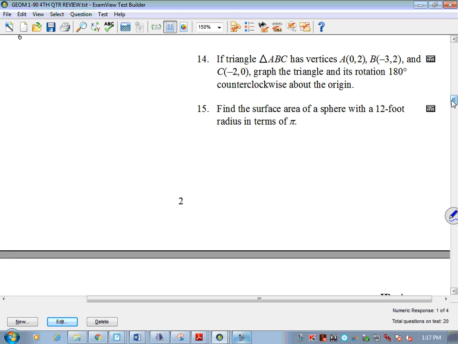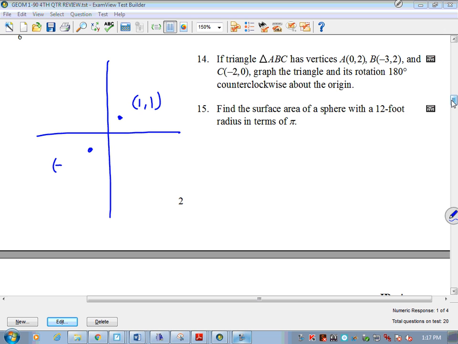Okay, so let's come back to our handy dandy graph here. If this is 1, 1, right? Where's 180 degrees from that? Right through here. It's going to go through the origin. I'm going to be at negative 1, negative 1. So what happens to the x and y coordinates whenever I rotate something 180 degrees?